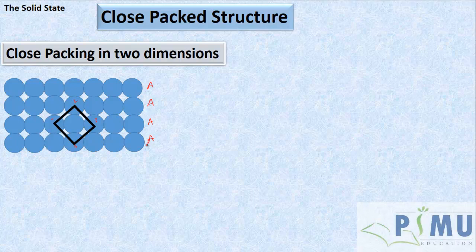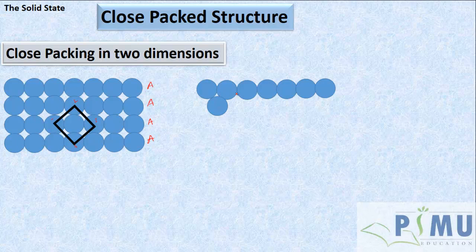Now, is there any other way of arranging the particles in 2 dimensions? Let us see now. Again, let us have the arrangement of particles in 1 dimension. Now, let us arrange the particles below the depression of the first layer. In the second layer, let us arrange the particles exactly below the depression.